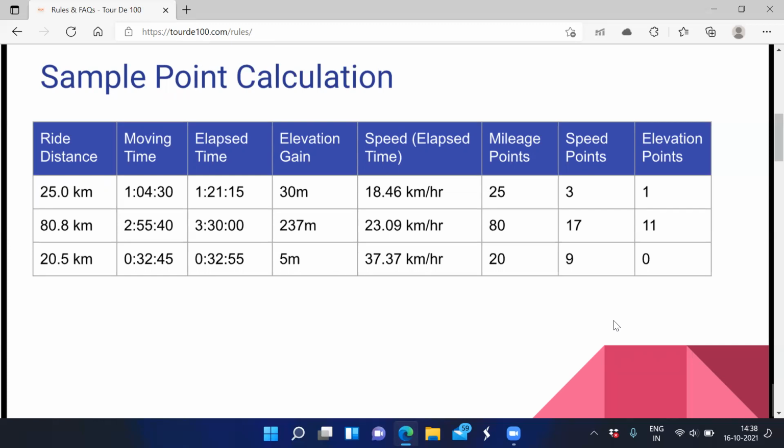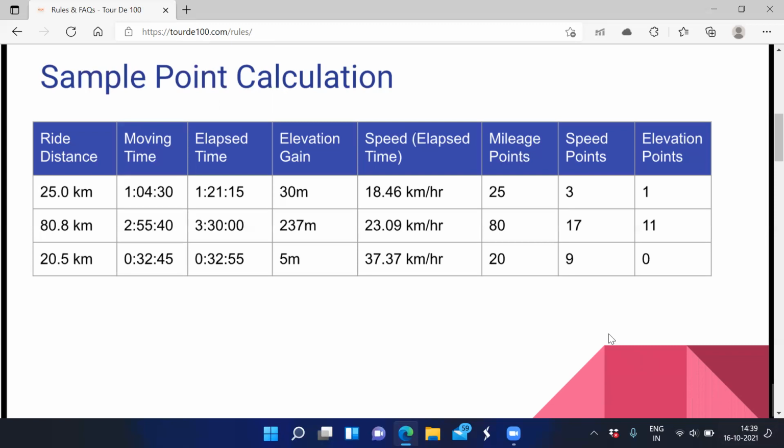There was a 30-meter elevation, and 18.46 kilometers per hour is the average speed. The mileage points are 25, as he or she has covered 25 kilometers. There are 3 speed points because of this 18.46 kilometers per hour, and 1 point for elevation because it has crossed 20 meters.